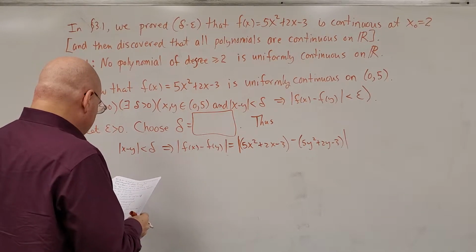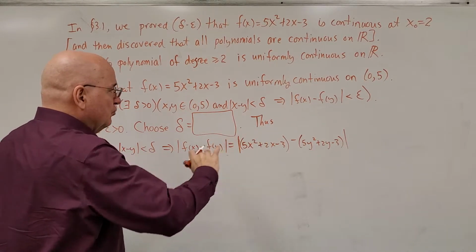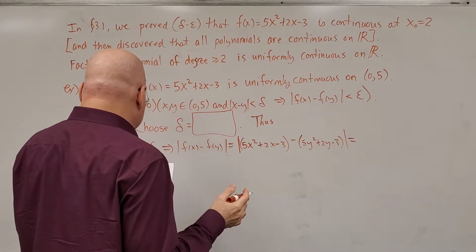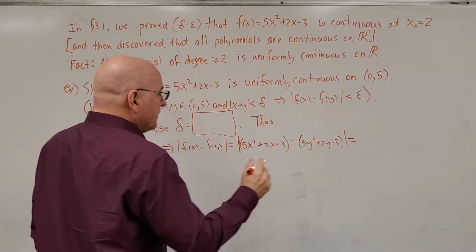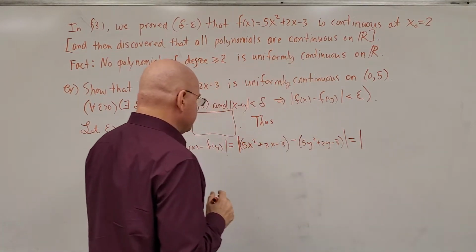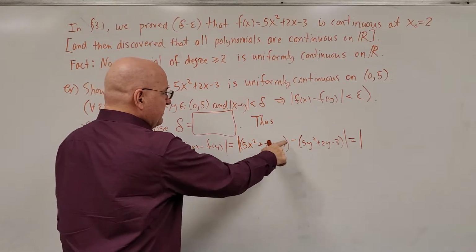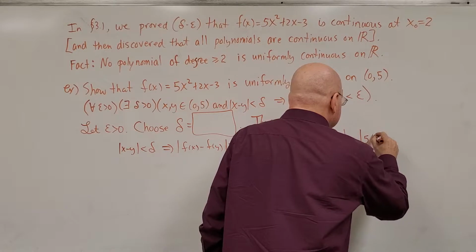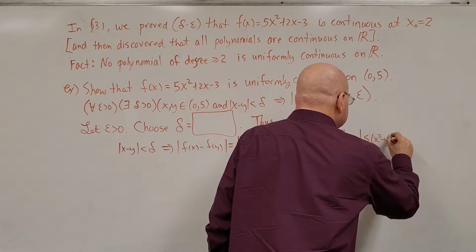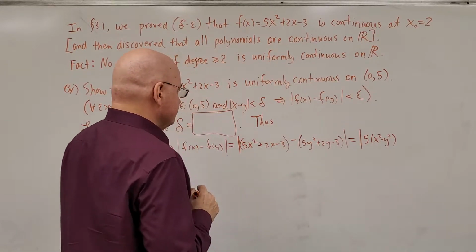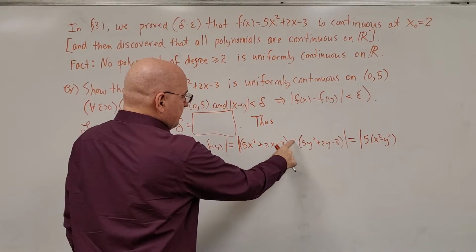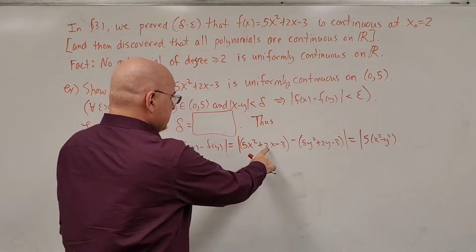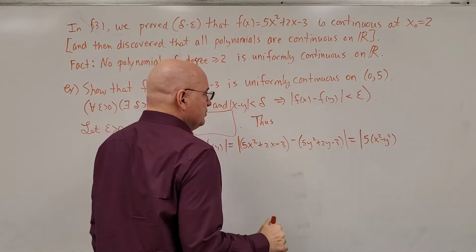Okay, I think I have several more lines, so I'm going to go out one more equals towards the right and simplify that a bit. What can we do in our heads here? I know I have a 5x squared minus 5y squared, so I'm going to say 5 times x squared minus y squared. The minus 3 and the minus 3 cancel out, and all I'm left with is 2x minus 2y.